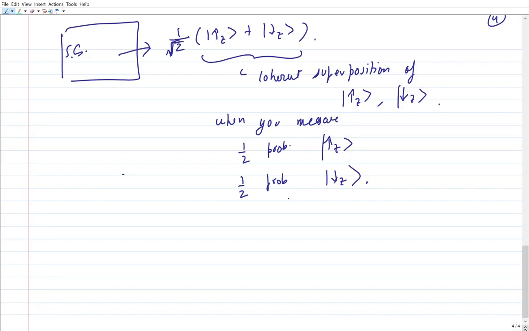What happens when you measure the x operator? Well, you're going to get this guy.